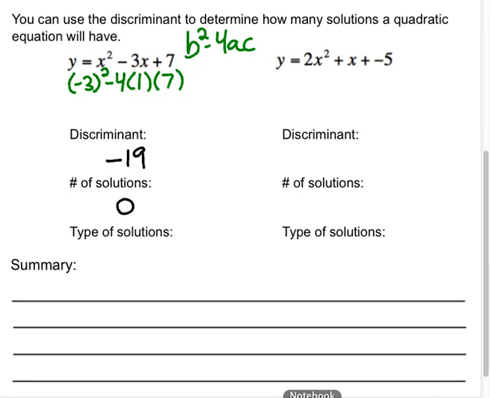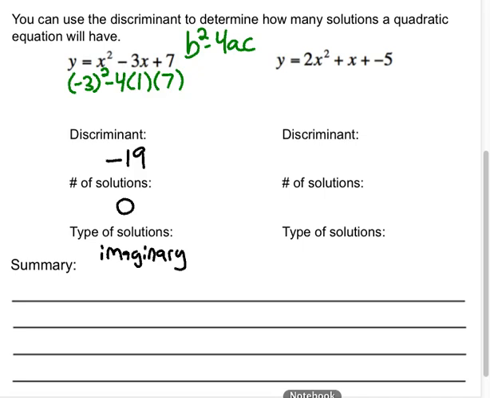And when I ask you type of solution, right now this really doesn't mean much to you, but next section, because there's no real solutions, it's actually generating something called imaginary solutions. And again, that's kind of a preview for what I'm going to have you do in the future in section 8. Right now, just recognize that they're not real. You have no real solutions, so you're dealing with imaginary ones.